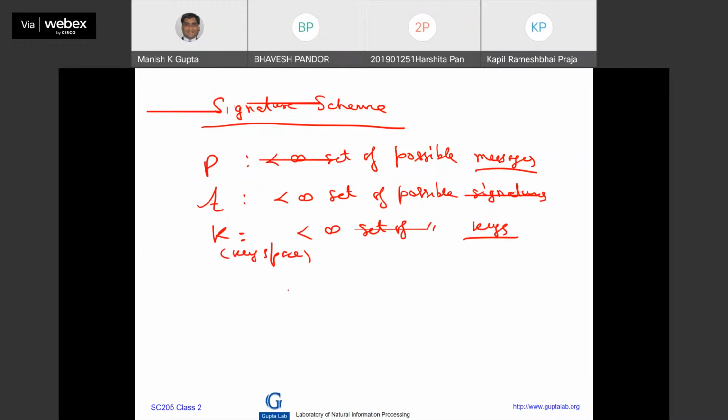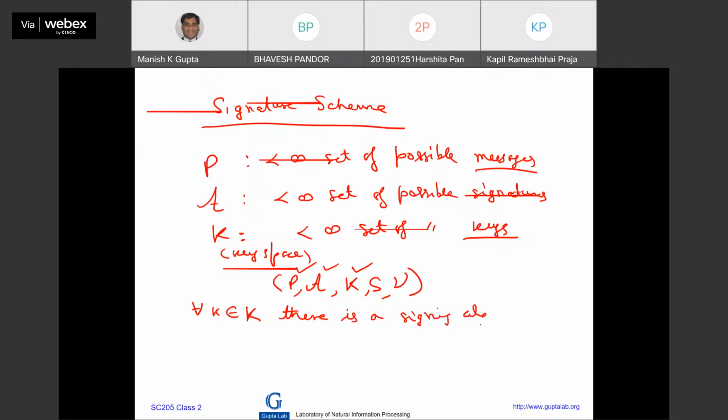So in general it's a 5-tuple system: P, A, K, S and V. P, A and K I have talked about. What are S and V? For every K in the key space, there is a signing algorithm in S and a corresponding verification algorithm.